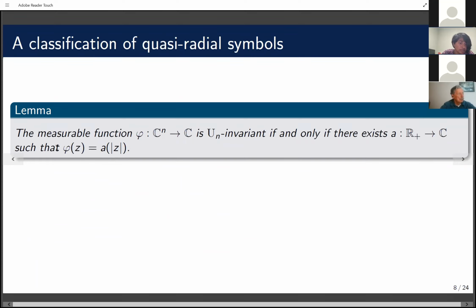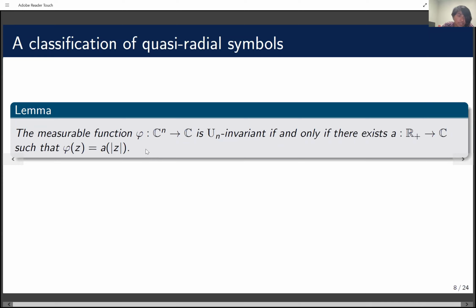It says the measurable function phi going from C^n to C is U(n) invariant if and only if there exists a function a going from R plus to C such that phi of z is equal to a of the absolute value of z. So the function phi is U(n) invariant if and only if it depends only on the length of z. So this is for radial symbols.